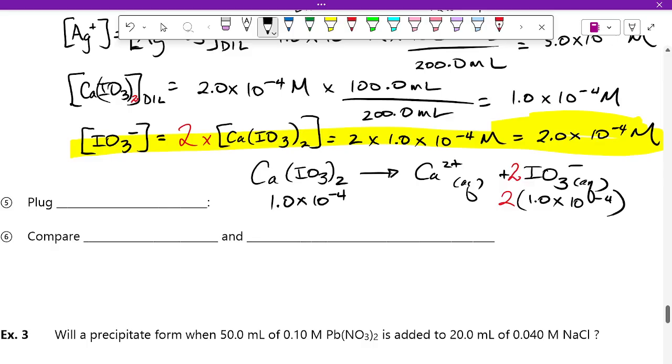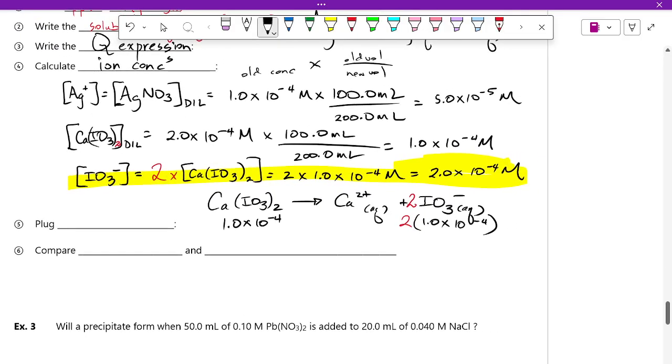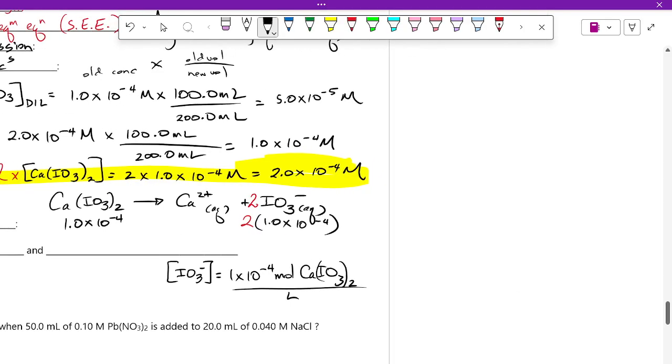There's a third way to do it, but I've kind of run myself out of room. You could do concentration of IO3- is equal to 1 times 10 to the negative 4 moles of Ca(IO3)2 per liter times 2 moles of IO3- per 1 mole of Ca(IO3)2.